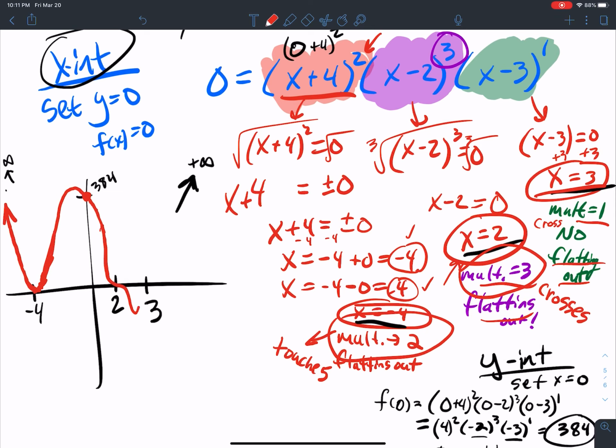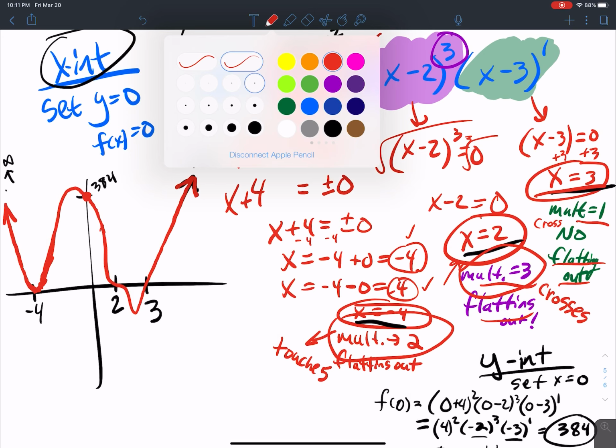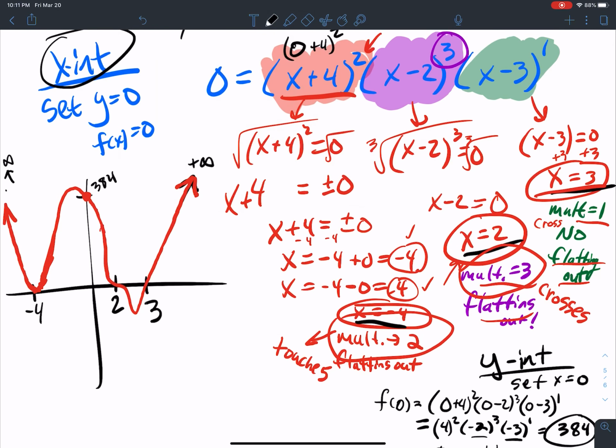Okay, so we're going to cross through without flattening out, and it ends up looking like this here. Okay, so that's not exactly what the graph is going to look like, but you get the idea of how that's happening, which is, it's kind of a weird looking curve you got going on here. X to the 6th, and a bunch of subordinate terms.